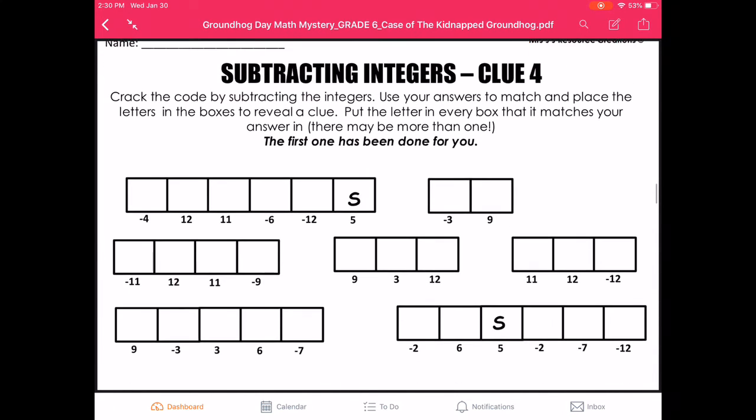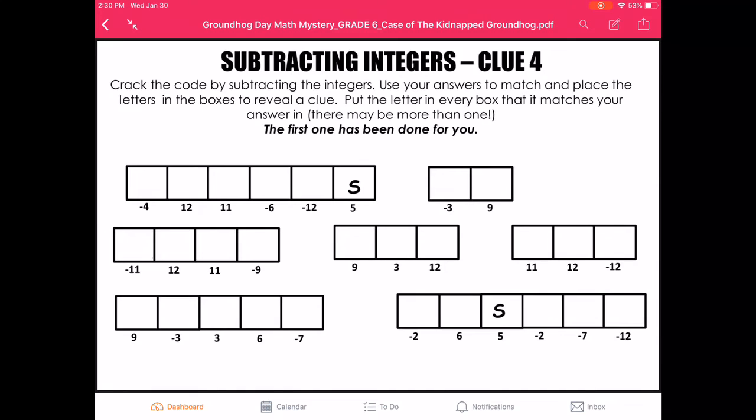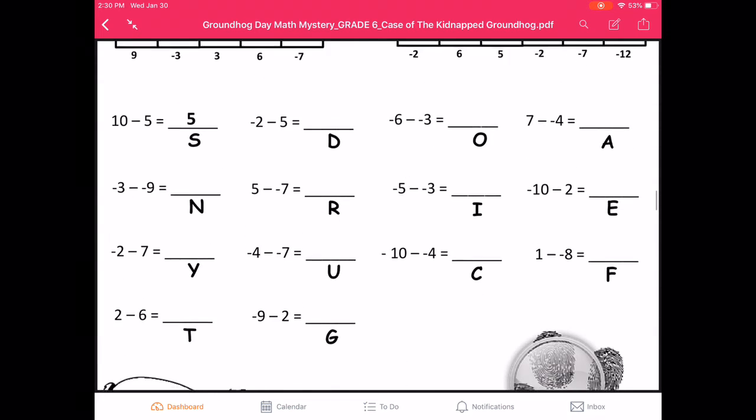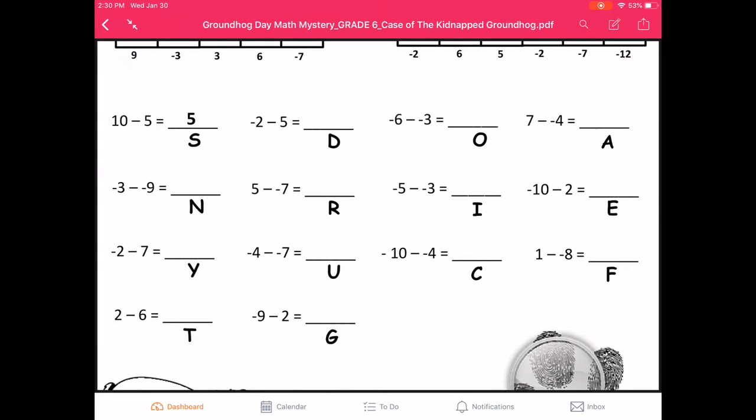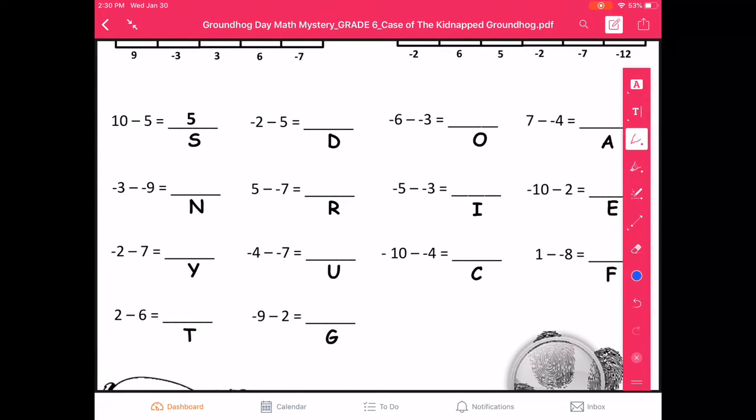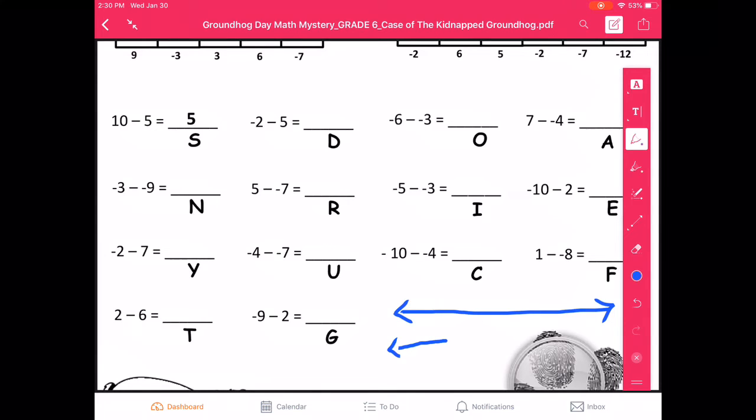This one, clue number 4, subtracting integers. Okay, so here is my advice for you on this one. What I would do on the bottom of my paper is draw a number line like this. And I would remind myself that if I have a subtraction sign, I'm moving left, and if I have an addition sign, I'm moving right on my number line.